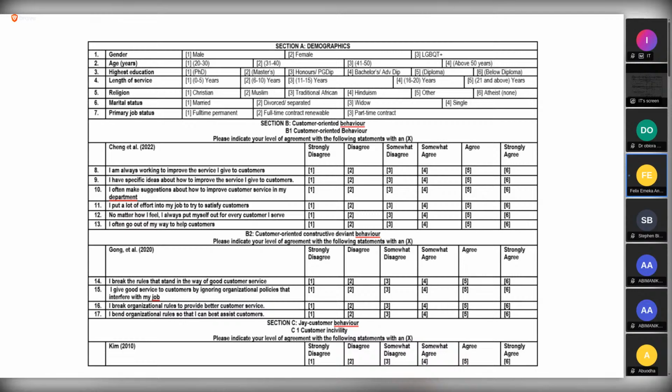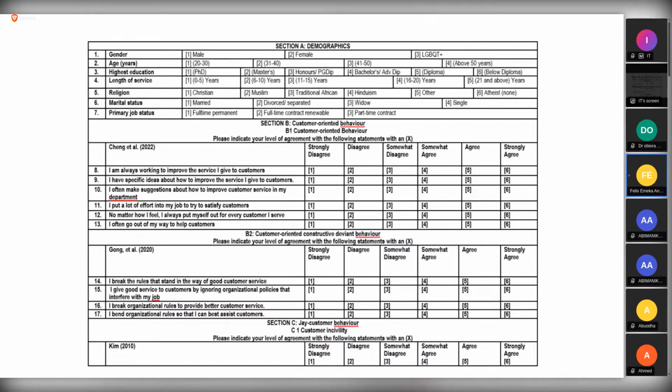Look at number 9. I have specific ideas about how to improve the service I give to customers. Anybody that says strongly agree, number 6, has very good customer-oriented behavior. So the way this tool is designed, higher numbers mean good customer-oriented behavior, while lower numbers mean poor customer-oriented behavior. That is how Likert scales are designed.